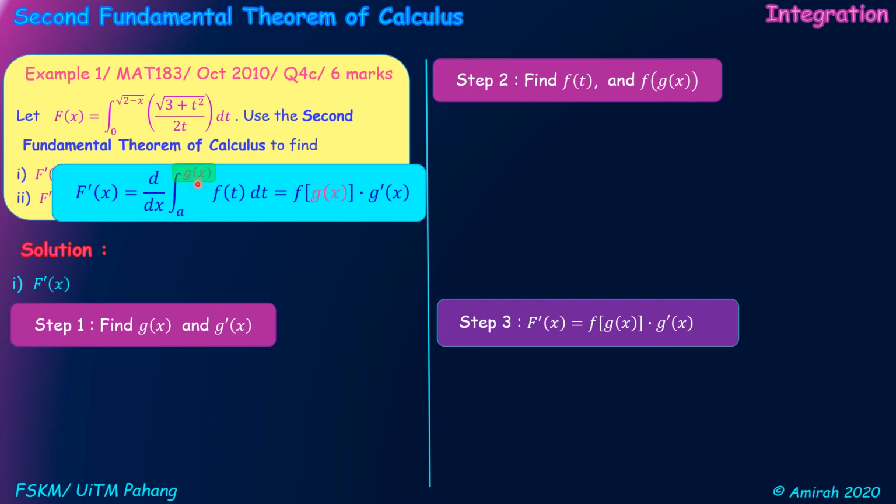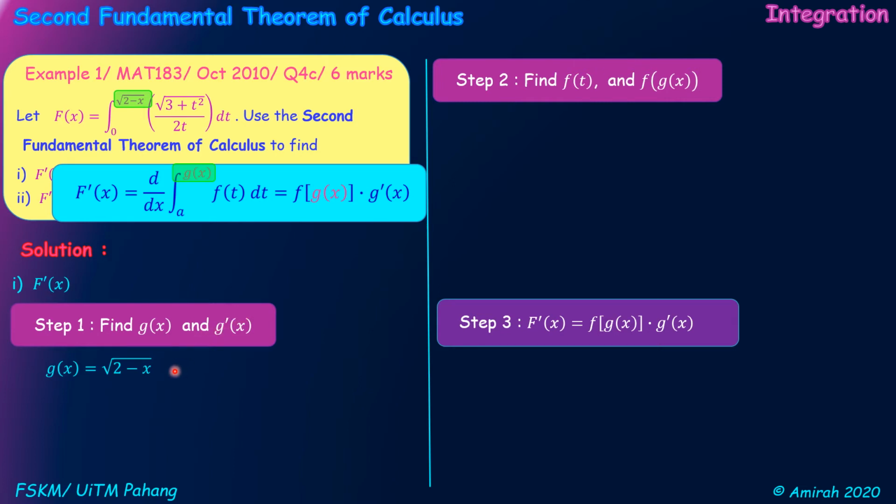Then we just compare. Our g(x) equals the upper limit, so g(x) equals square root of 2 minus x. So we write under step 1, g(x) equals square root of 2 minus x. Then we need to find g prime, which means we need to differentiate.